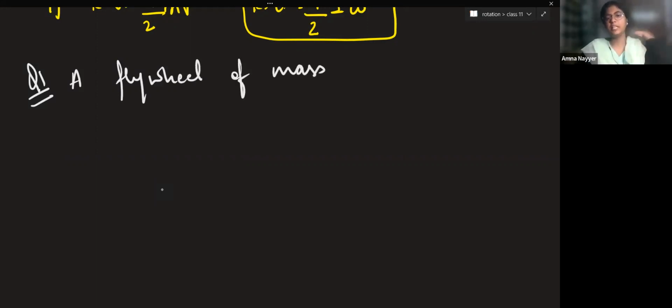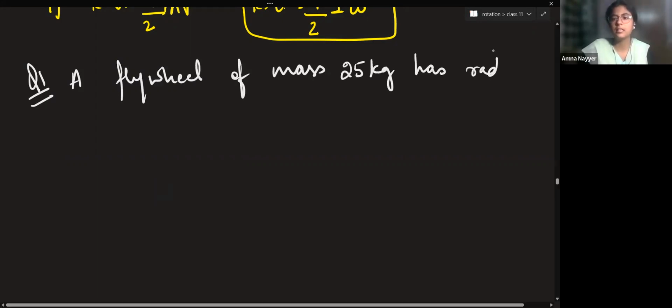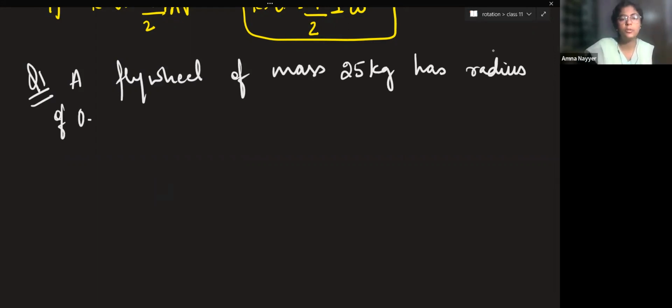A flywheel of mass 25 kg has radius of 0.2 meters.